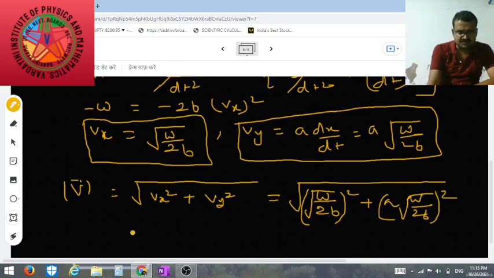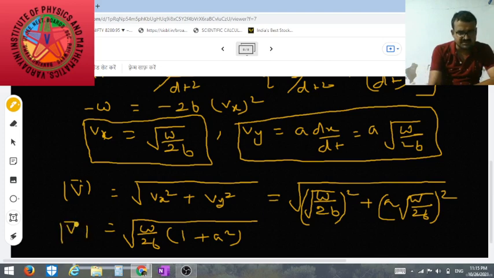And just after solving and rearranging the terms, if I take w by 2b to be common, we will have 1 plus a squared. So this is the magnitude of velocity. That is exactly what is required to be done in this particular question.